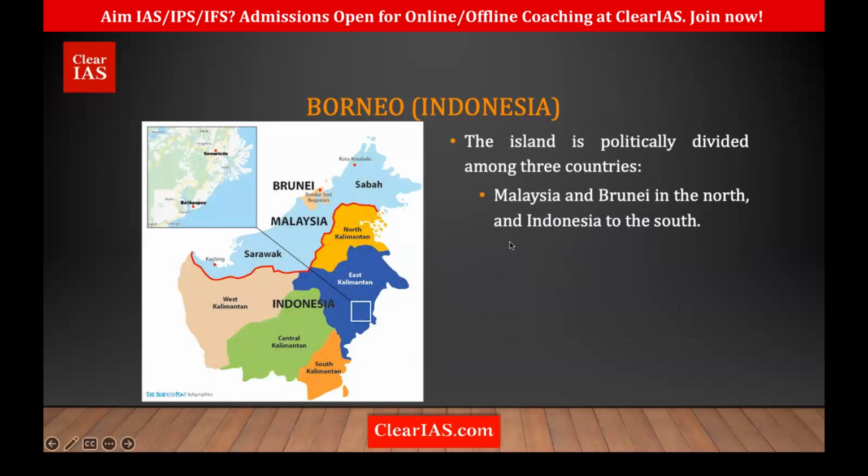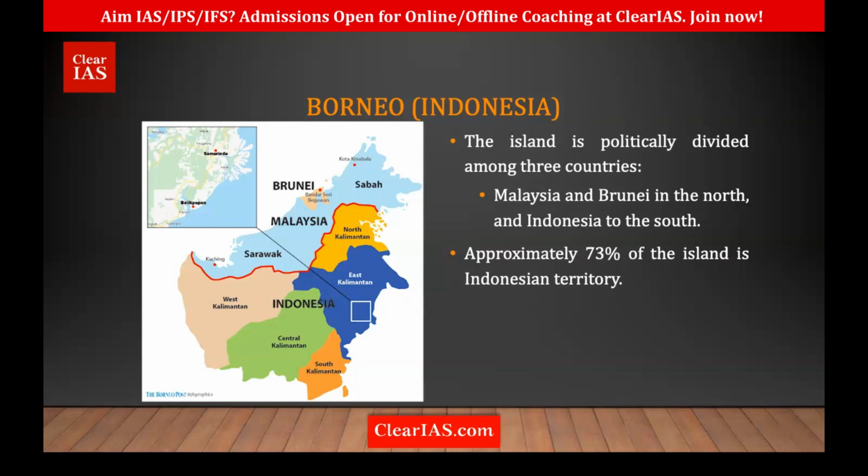It's actually divided between three countries. There is Malaysia on top, with Sarawak and Sabah as part of Malaysia. This much is Indonesia, and this small one on top is Brunei. The majority of the area is with Indonesia, almost 73% of the land. Above that we have Malaysia, basically the Sabah and Sarawak region.